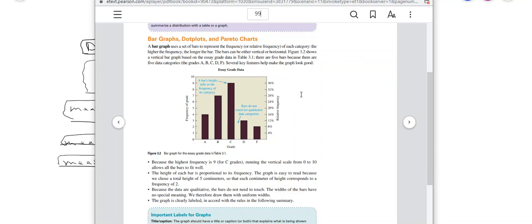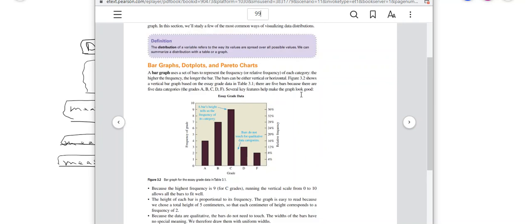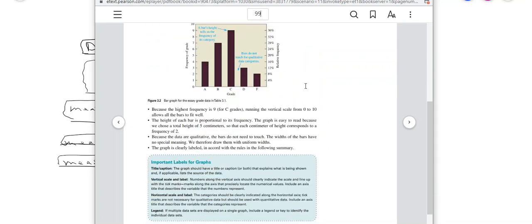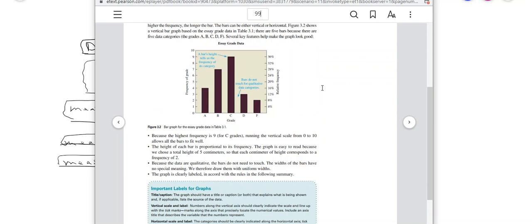And that's why people like it too. Easy to interpret, and it's very popular. People like it. They just like these. So the bar chart has been tested. It's been around for a long time. Empirically, they show that people make fewer mistakes when interpreting a bar chart than any other graph that we have.